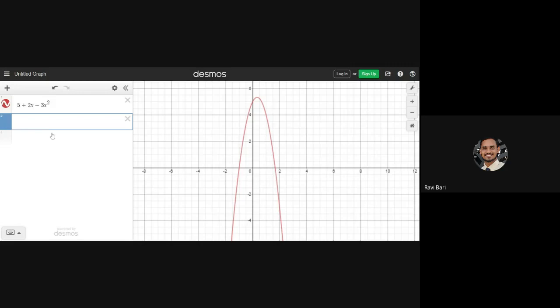Now let's draw the supply curve, x cube plus x plus 2. This is your supply curve.